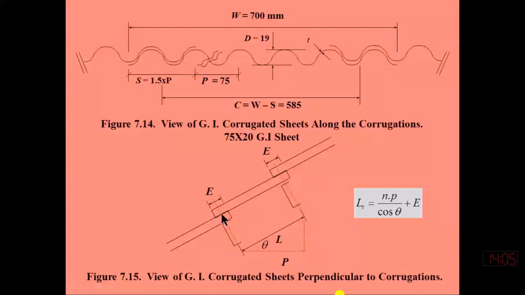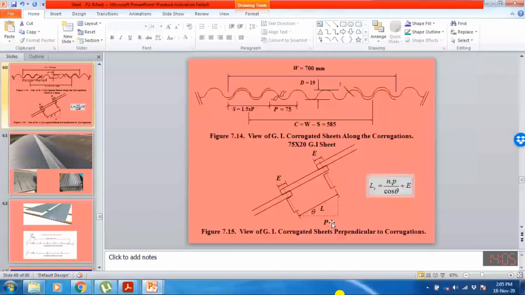So here I'm computing the total length of one sheet, LT, or I can just change this value to LS, the length of the sheet, which is different from L. L is the inclined distance between the panel points, but LS is the length of the sheet required to cover the inclined length.